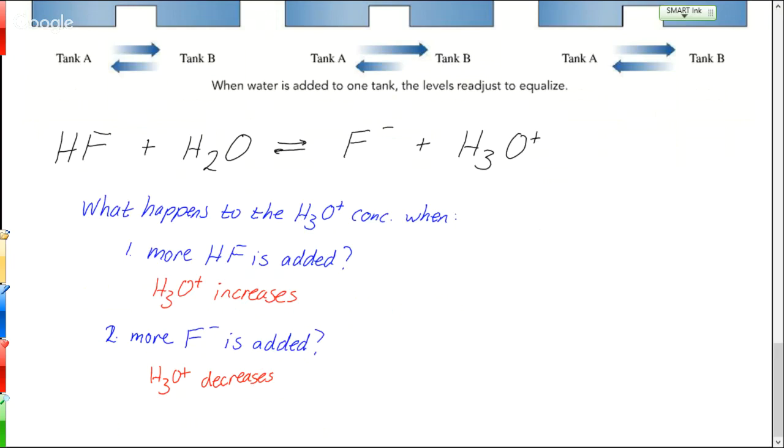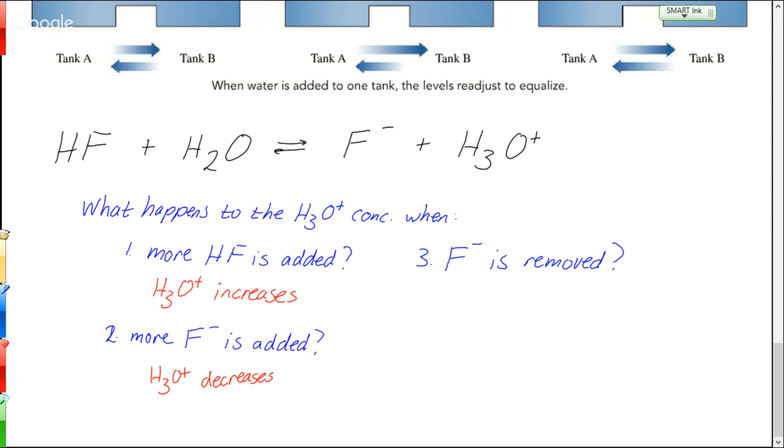And then you can also think about removing things. So what happens to the hydronium concentration when fluoride is removed? If you remove the fluoride ion, what happens to the whole system?